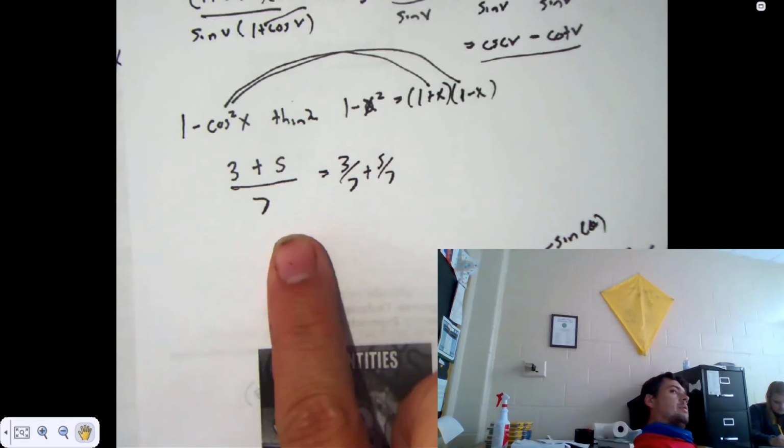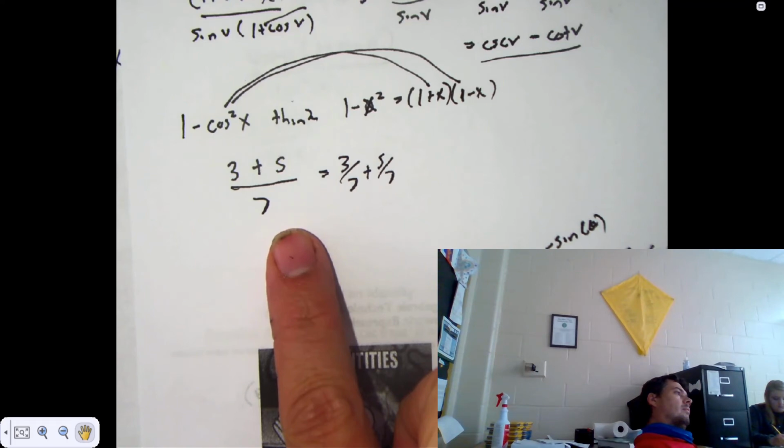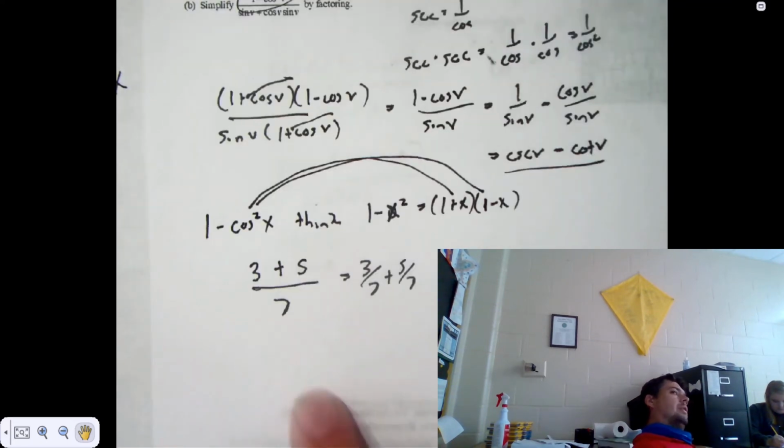Talked about that yesterday. You know, kids always say, how do I know what to do when I need to do it? Because it looks familiar. That's two things in the numerator, one thing in the denominator.